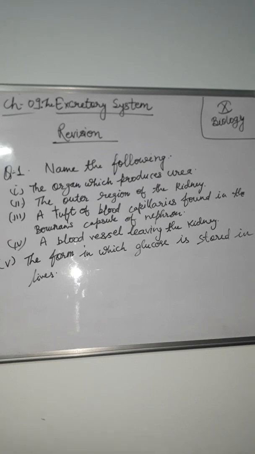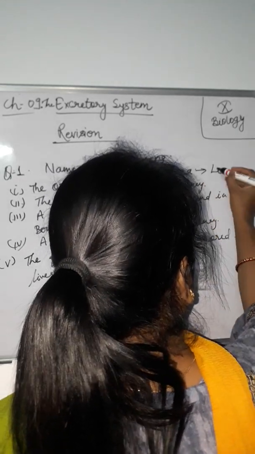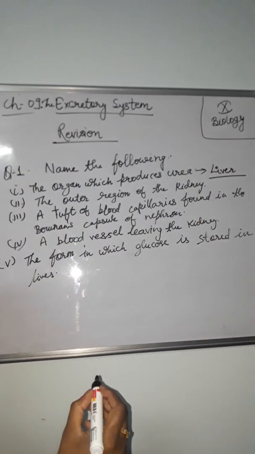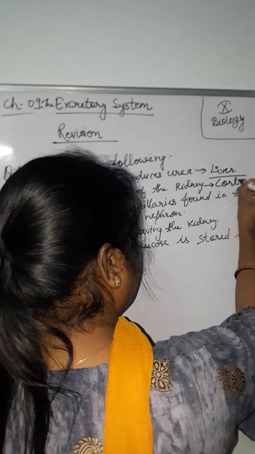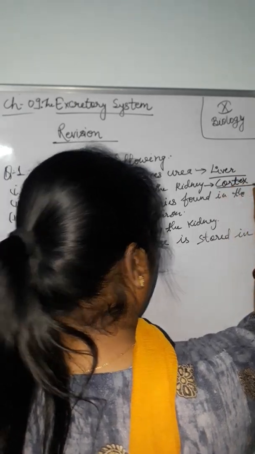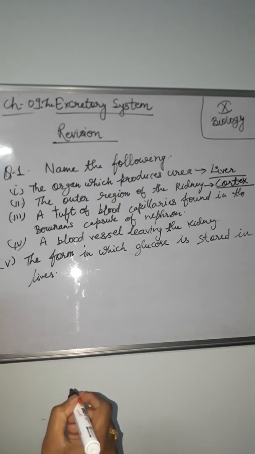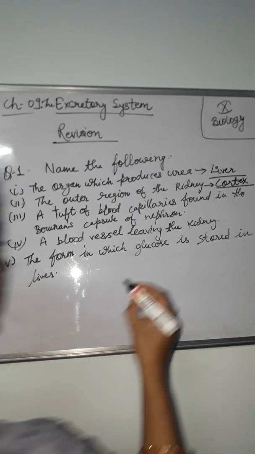The organ which produces urea, that is liver, as you know. Second, the outer region of the kidney, that is cortex. A tuft of blood capillaries found in the Bowman's capsule of nephron, that is glomerulus.